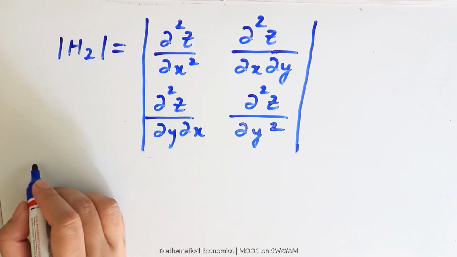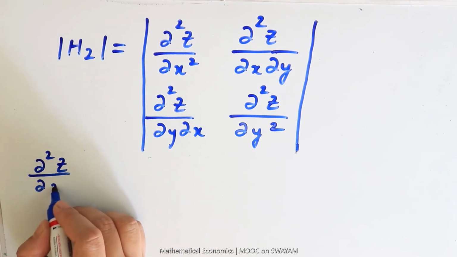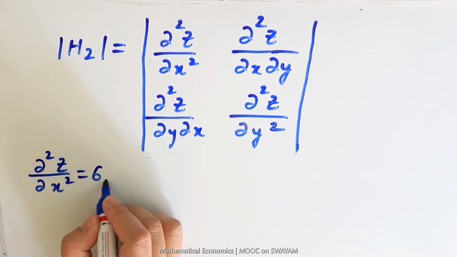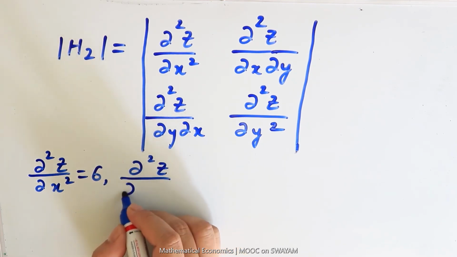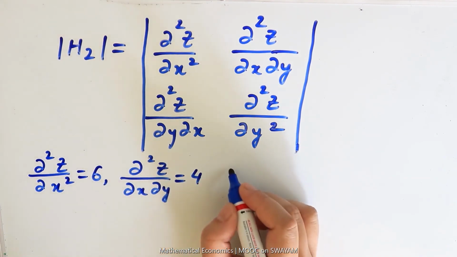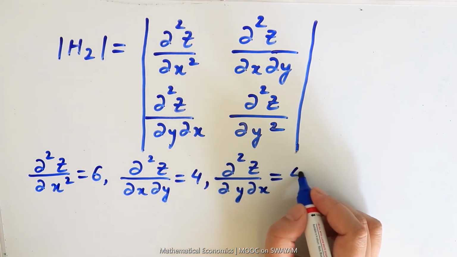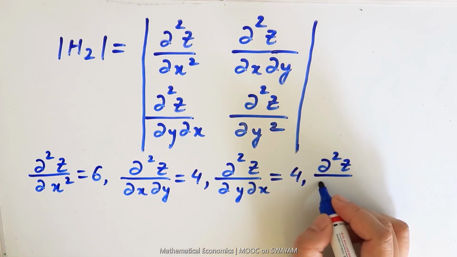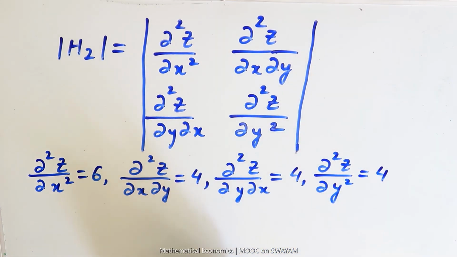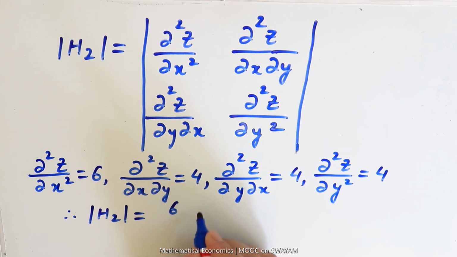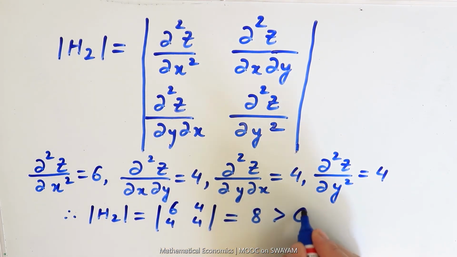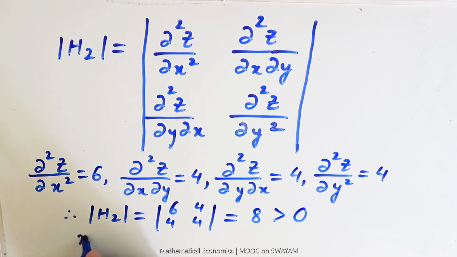Using equation 1 and 2, we get del square z del x square is equal to 6, del square z del x del y is equal to 4, del square z del y del x is also equal to 4, and del square z del y square is equal to 4. Therefore, Hessian determinant H2 will be equal to 6, 4, 4, 4, and this determinant is equal to 8, that is greater than 0. Hence, at x equal to 2 and y equal to 0, the function is minimized.